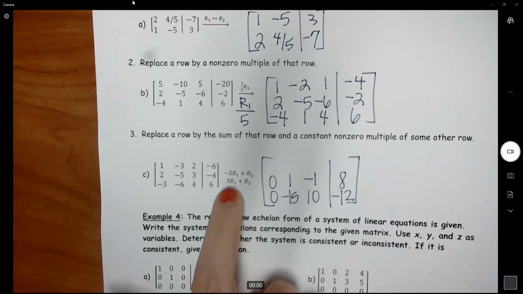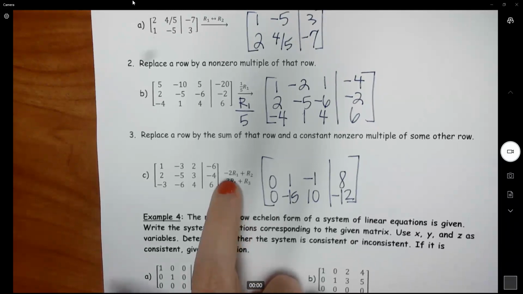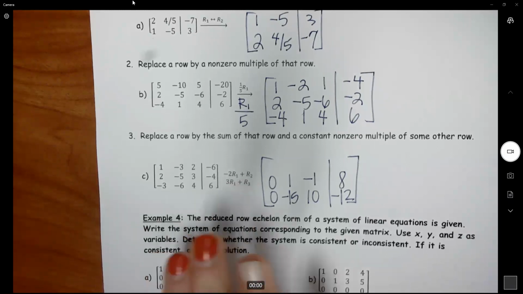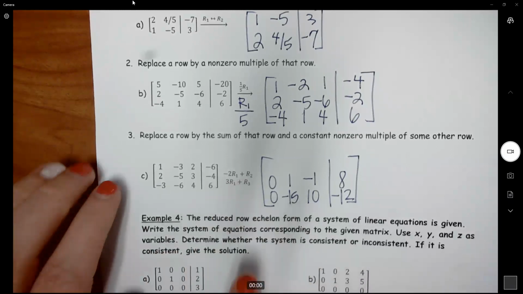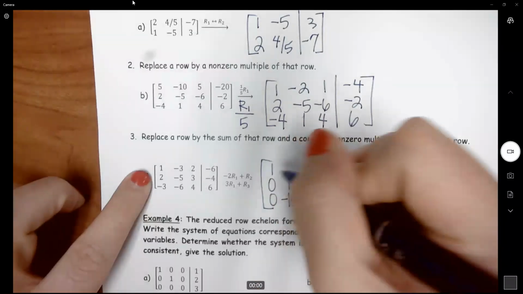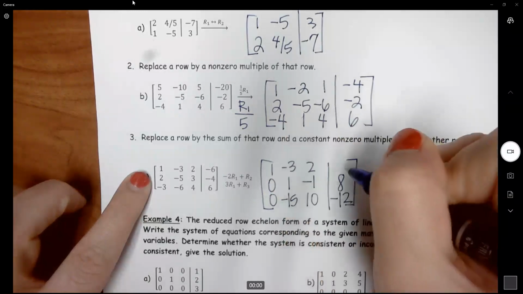I am multiplying row 1 by either -2 or 3, and I'm adding that to row 2 or 3, and that becomes the new row 2 and 3. I have no instructions on what to do with row 1, so my row 1 stays the same and carries over.